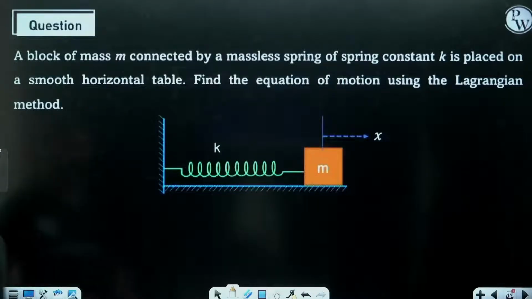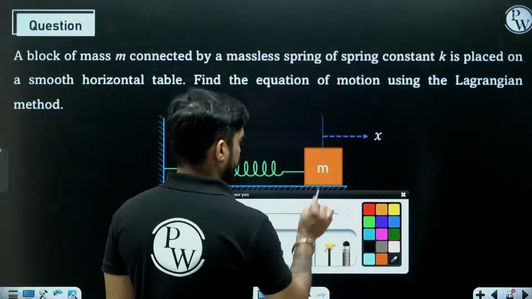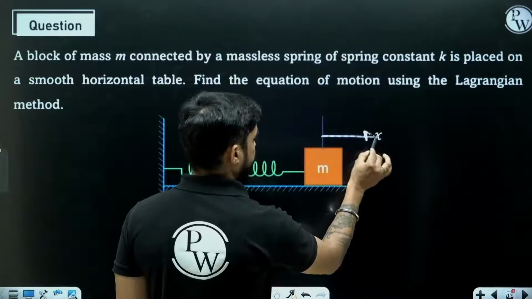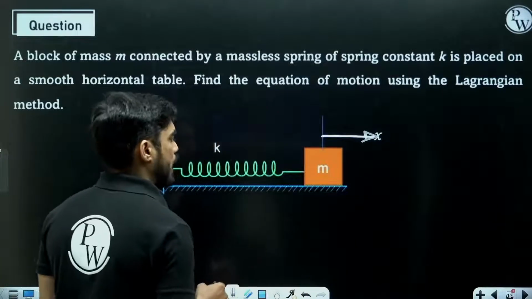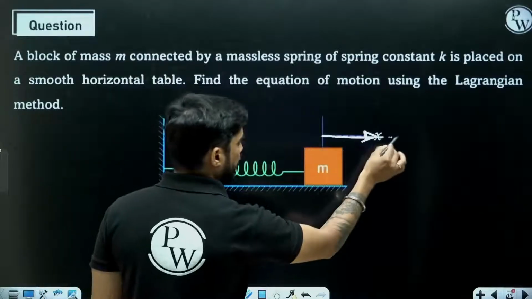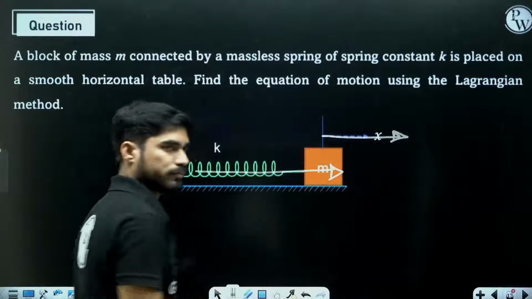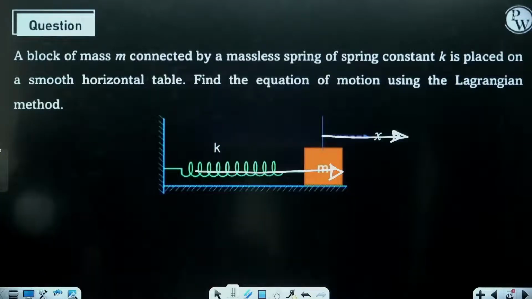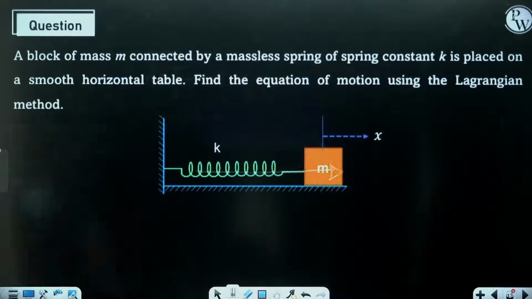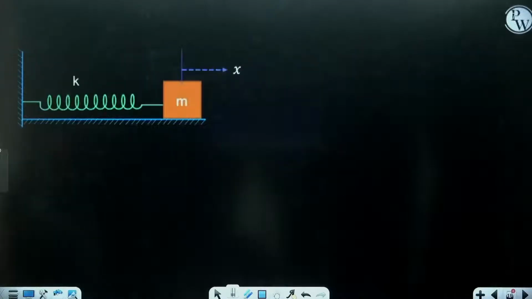Let's say this mass is moving in x direction. As the mass starts moving, the spring will get deformed. Now we need to write the equation of motion.